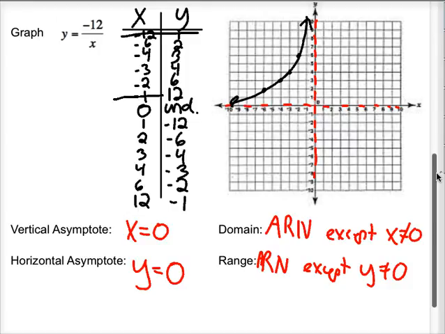Because again, that one is going to be off the graph anyway. Same thing with this one, that's going to be off our graph. So let's just focus on 2, negative 6, on 3, negative 4, 4, negative 3, and 6, negative 2. Then again, this last one is going to be off the graph. And there we have it.